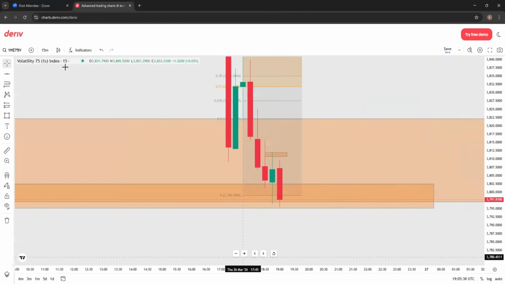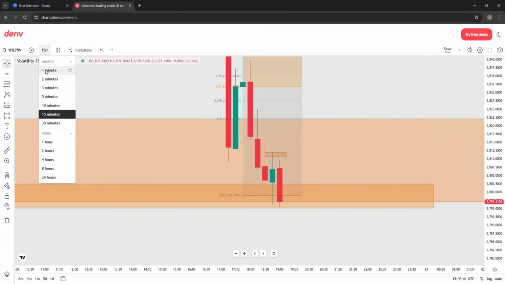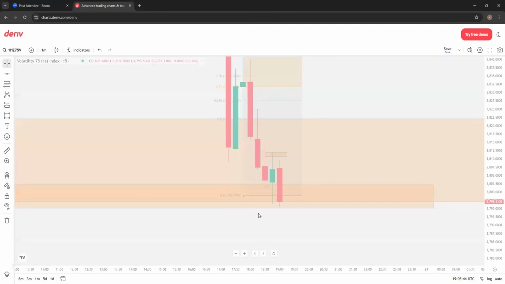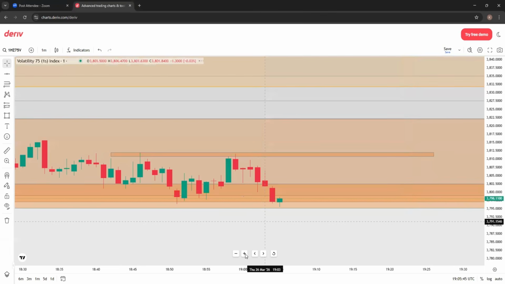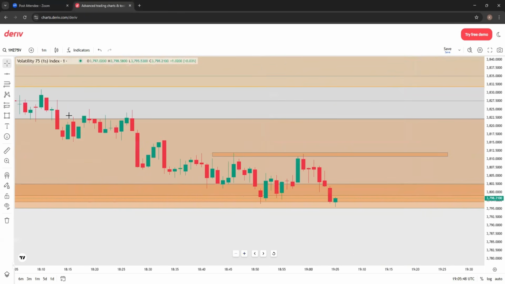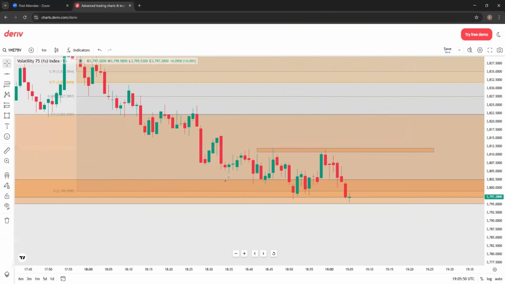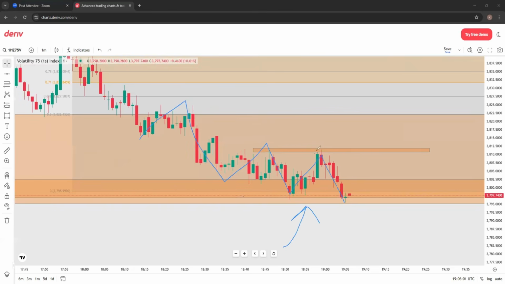Why? Because if we check in our M1, we have a downtrend that is very much okay in our M1. I think we can see the highs, the lows, the highs, the lows, the highs, the lows. So in this M1, since we are at an area where there is a fair value gap, we are now just waiting for a break of structure and then we buy.